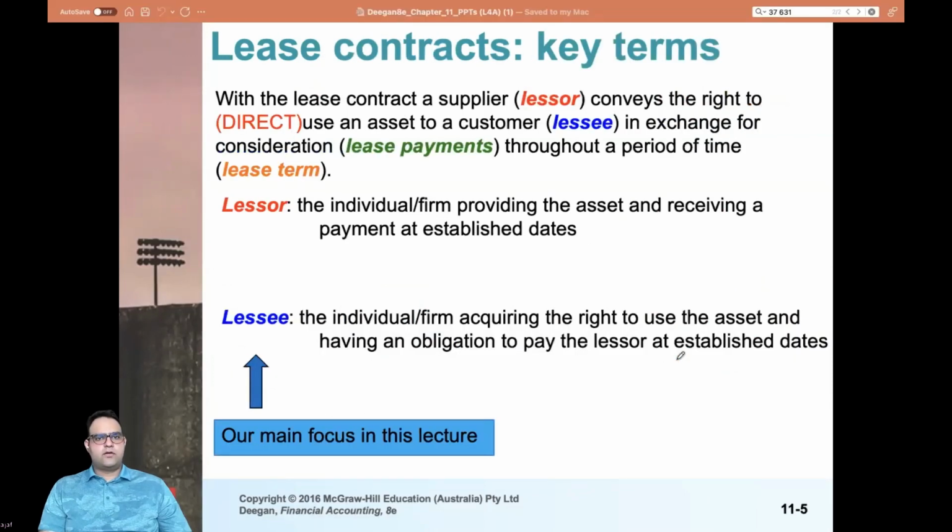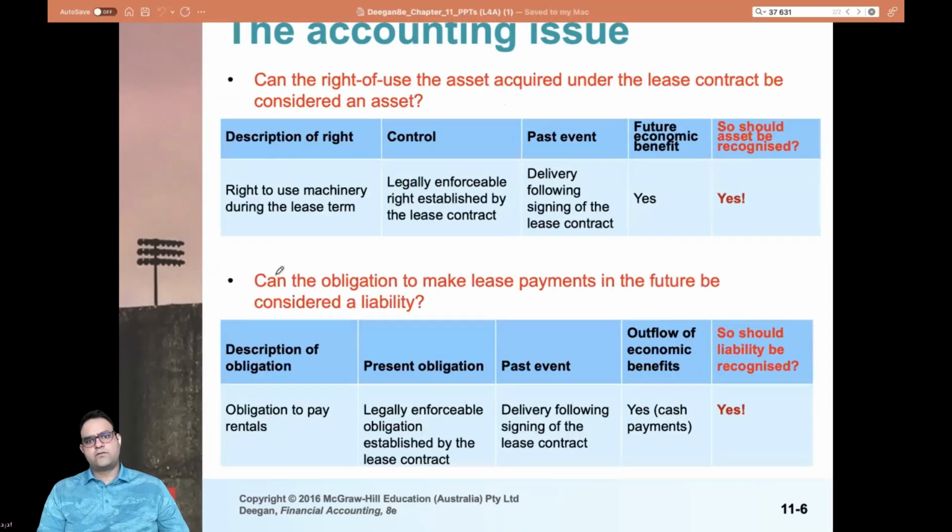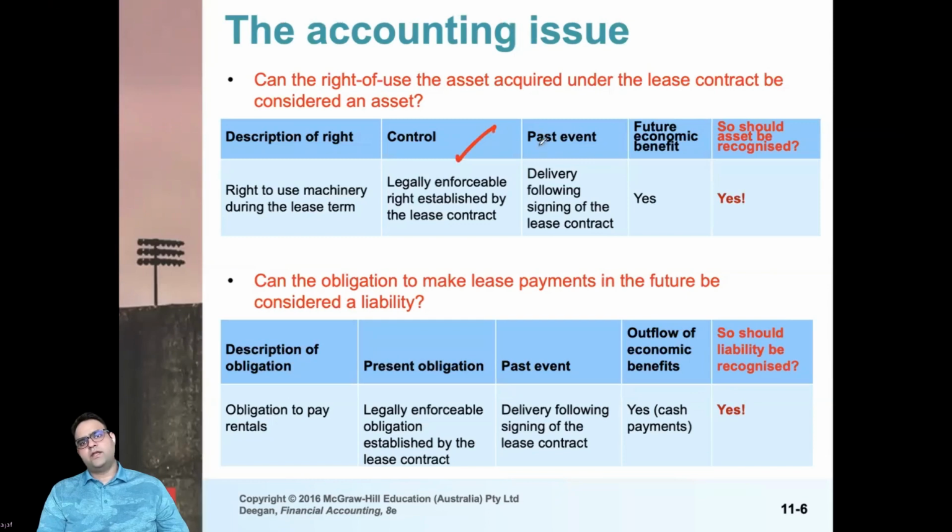Next, they talk about the different terms. I hope you can read this, and you can see what a lessor is and what a lessee is, and what the definition is, which I already described earlier. So this is a new accounting standard issue. They say, since the lessee has control of the asset, there is a past transaction that has happened, there is a signed contract, and this asset will provide economic benefit to the company.